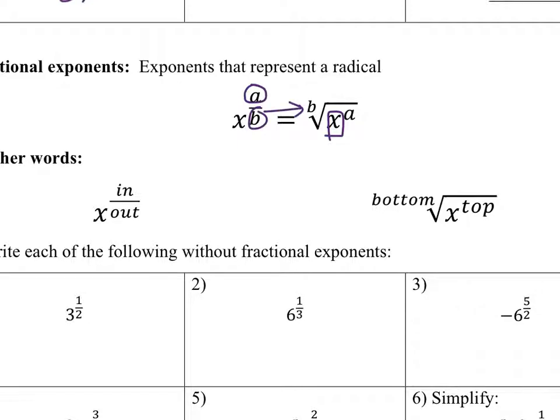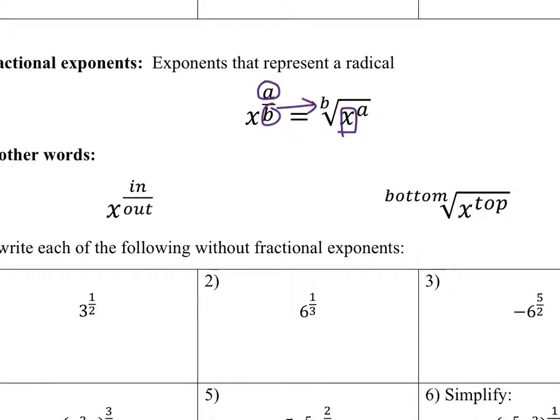Hopefully it kind of makes sense sometimes, because if you have the square root of x to the 4th, well, you know that's just x squared. So the square root of x to the 4th, we can rewrite that as x to the 4 times 1/2. Right? And if you multiply 4 times 1/2, you get that 2. So as we move on and we do this a few times, that may make more sense as we go.